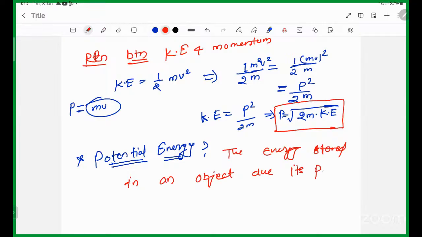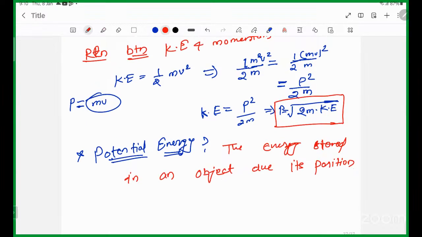Whatever position it is, it will define its actual potential energy. In this case, we have many kinds of energy, like gravitational potential energy.